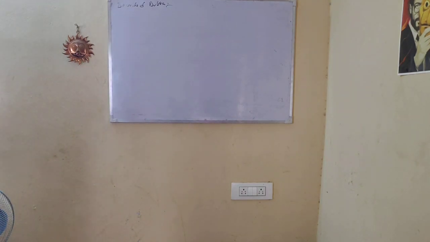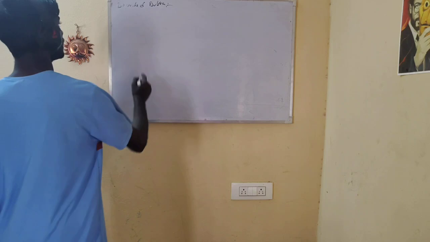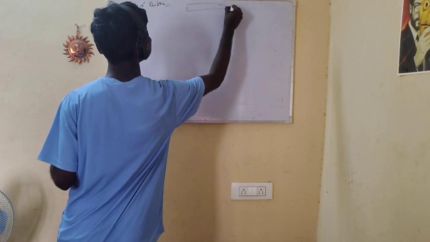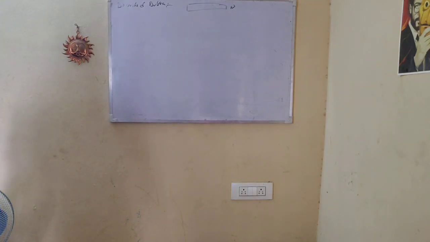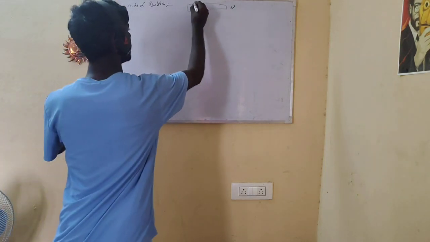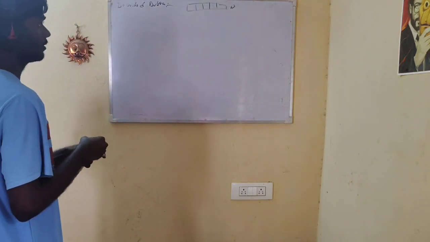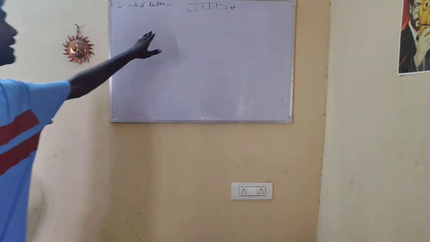The definition for the bounded buffer problem is: two processes, a producer process and a consumer process, are sharing a shared memory space, or in this case, let us just consider an array of size n. When they're sharing an array of size n, the producer can only write until the end.